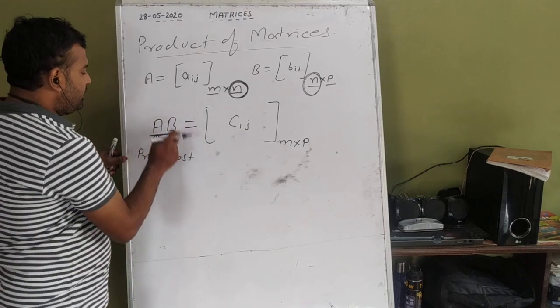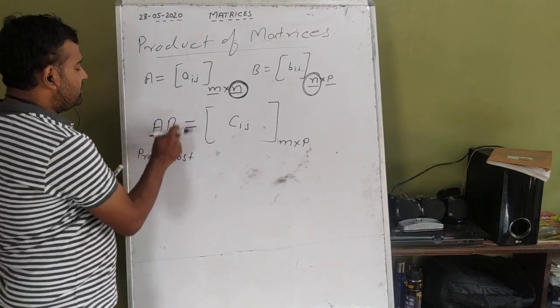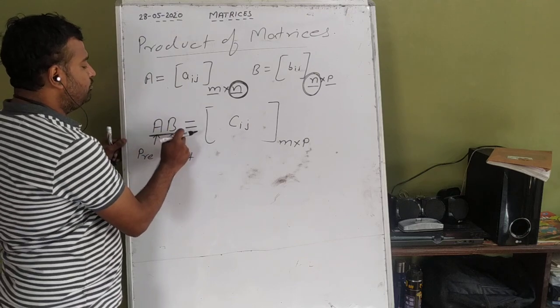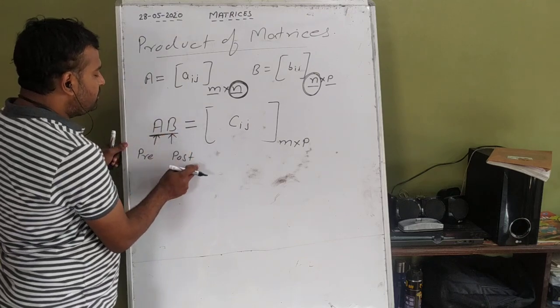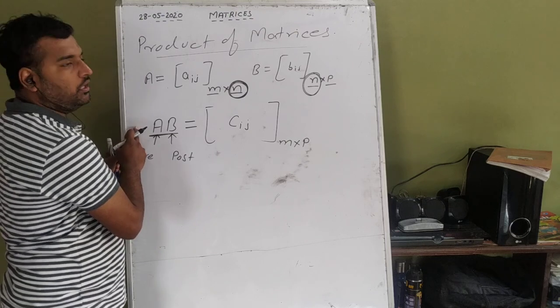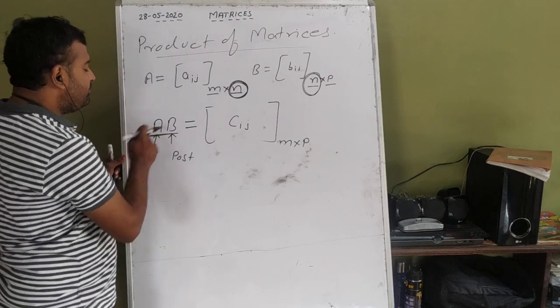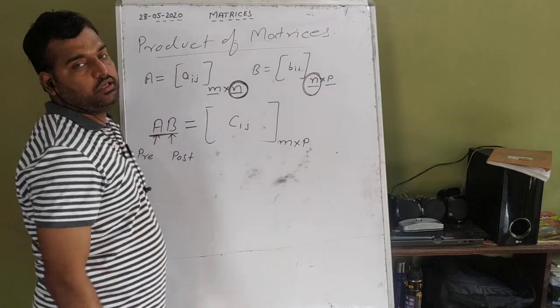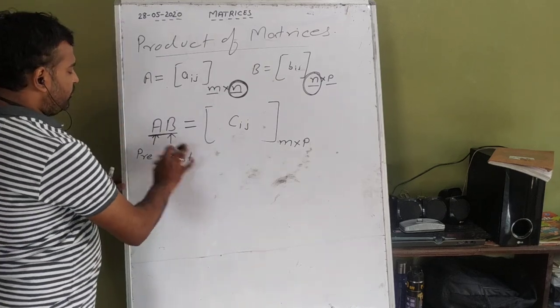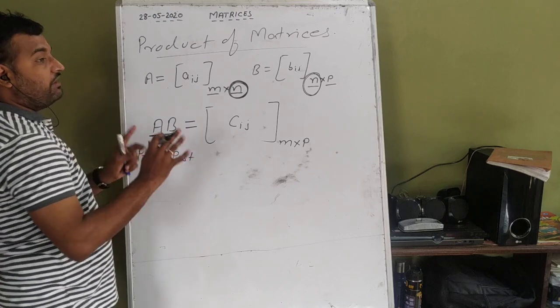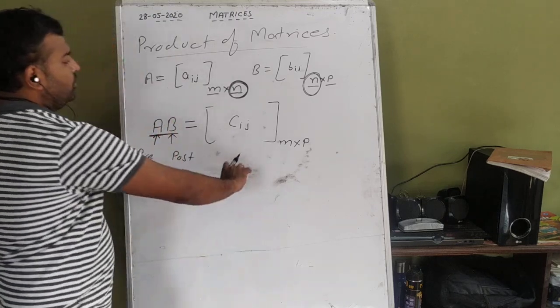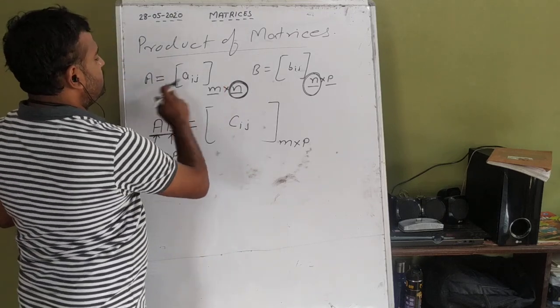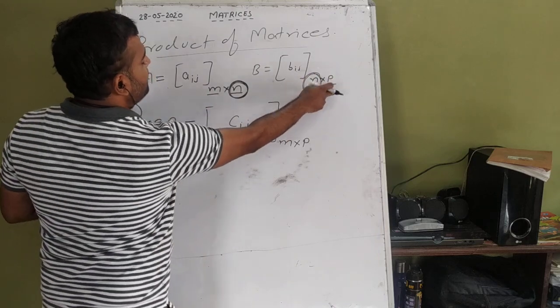We can say that A is pre-multiplied to B, or B is post-multiplied to A. This is a very important point here. The position is everything.